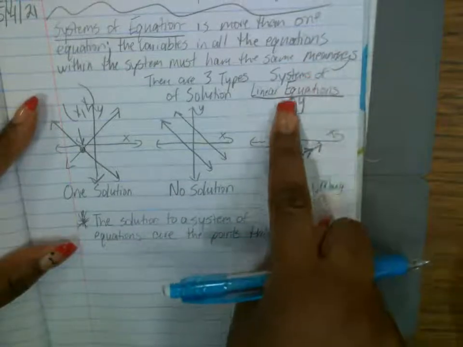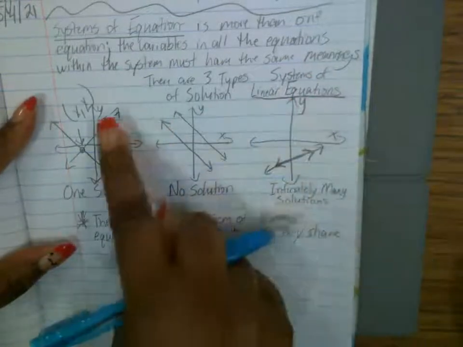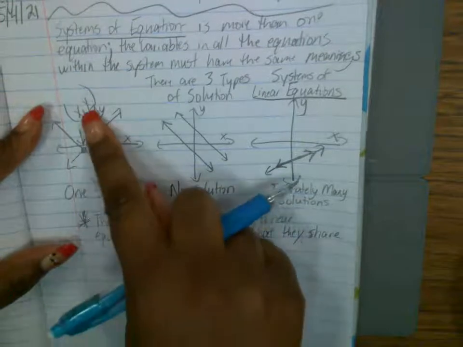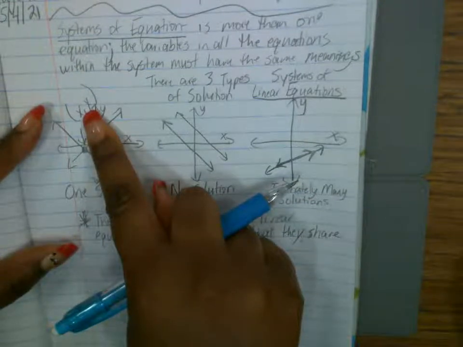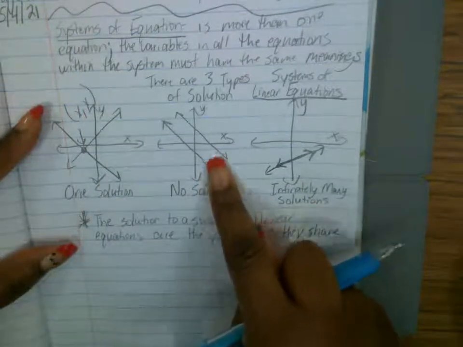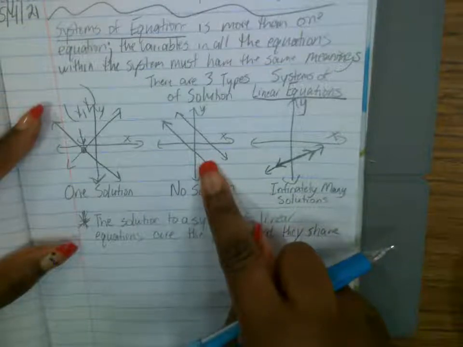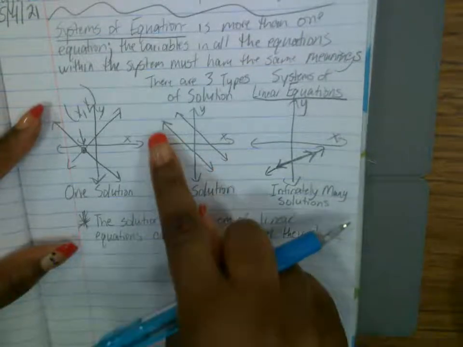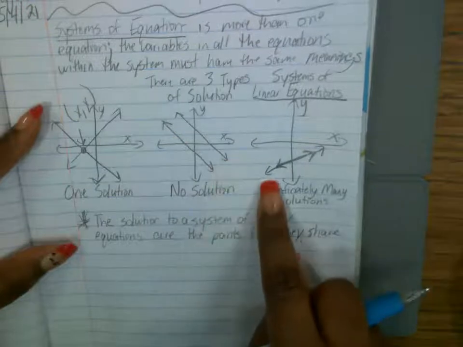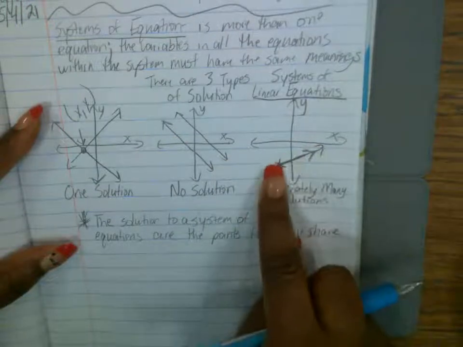So for a system of linear equations, the lines could cross each other and share one point. The lines could never cross each other at all. That's no solution. That means they're parallel. Or the lines could be right on top of each other.